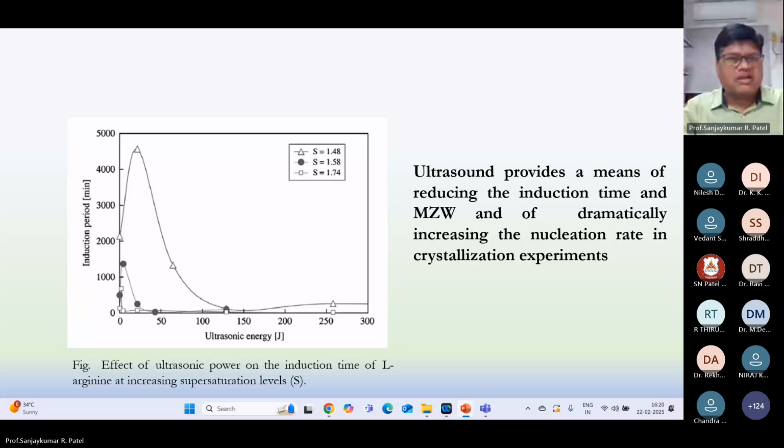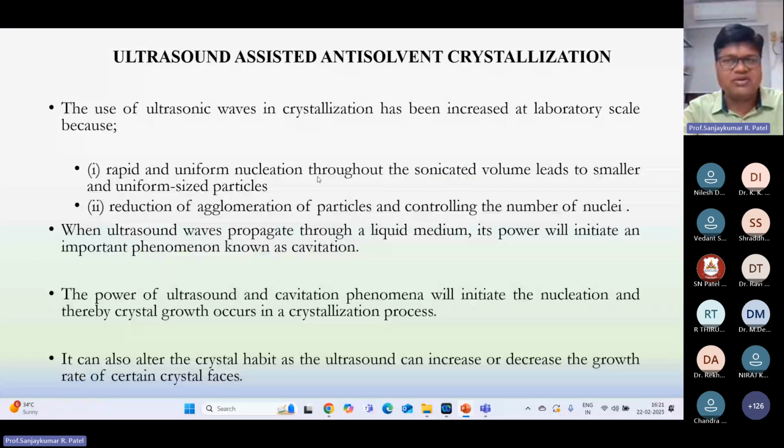Okay. Let us use ultrasound in one particular type of crystallization, anti-solvent crystallization, when the solute solubility is decreased by adding a second solvent, which is known as the anti-solvent. If ultrasonic waves are used at the laboratory scale, what happens in such processes is that rapid and uniform nuclei form throughout the sonicated volume, which leads to smaller and uniform size crystal particles.